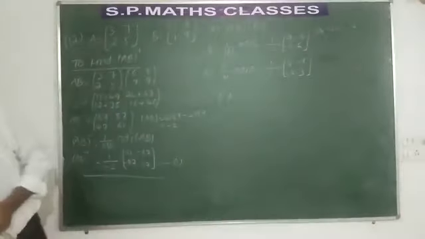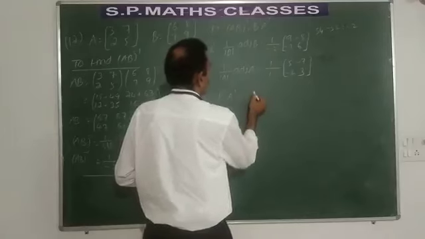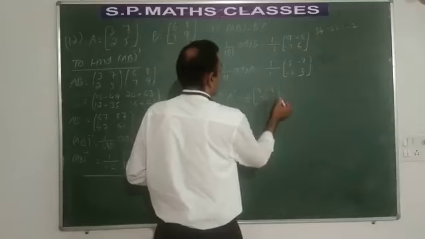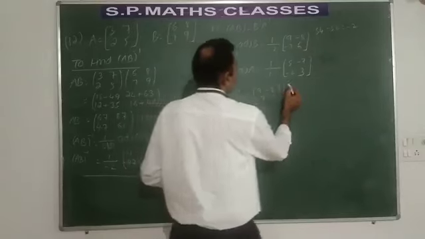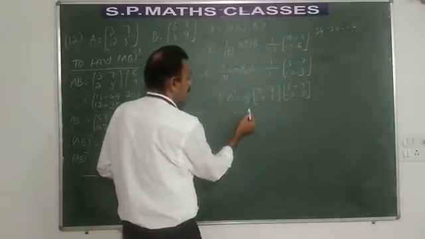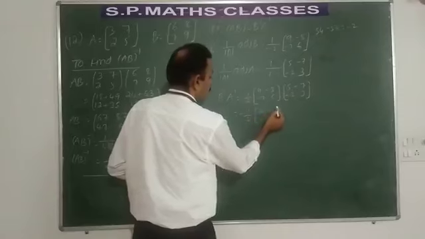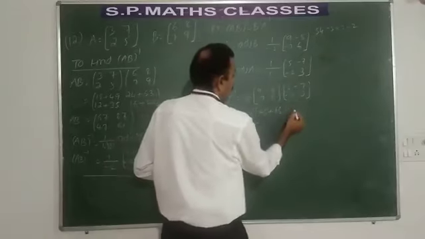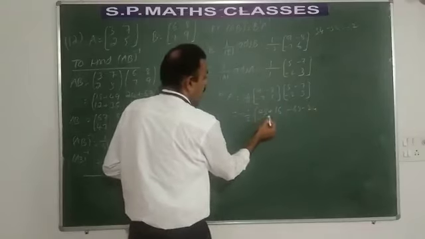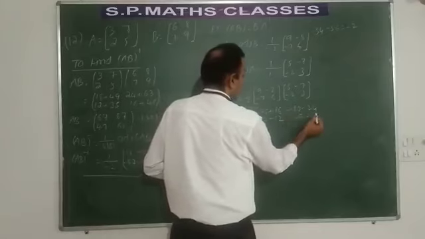Minus 1 by 2 into B inverse, which is 9 minus 8 minus 7, 6. What is A inverse? 5 minus 7 minus 2, 3. So you take the product: minus 1 by 2 into 45 plus 16 you get. Again minus 63 minus 24, minus 35 minus 12, then 49 plus 18.